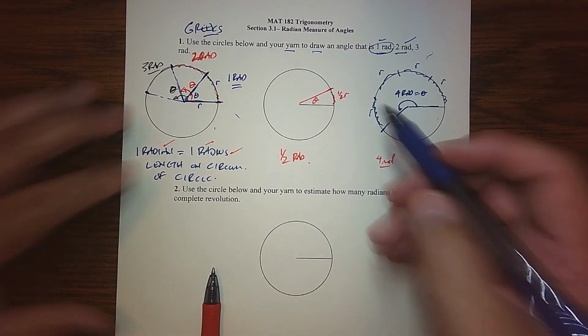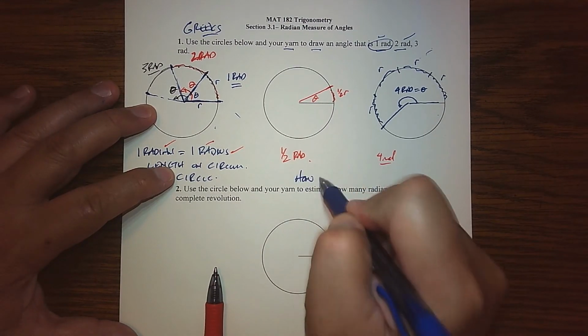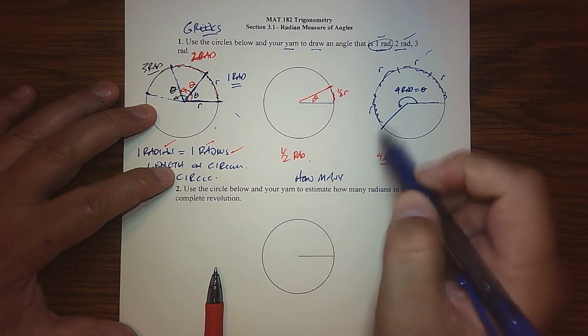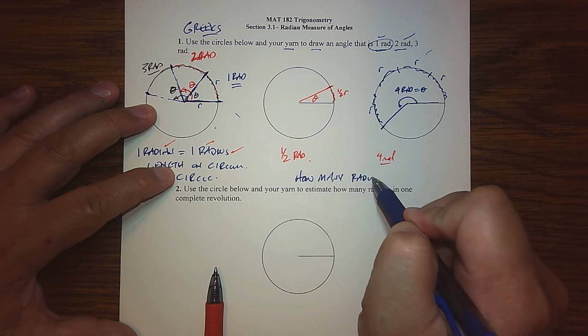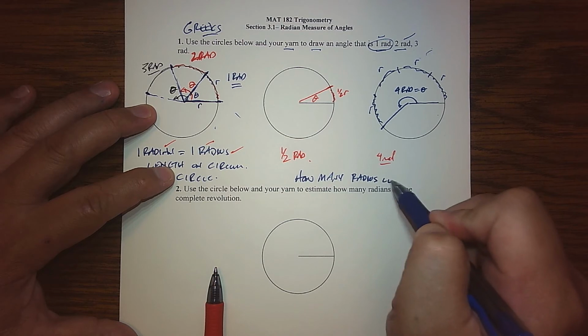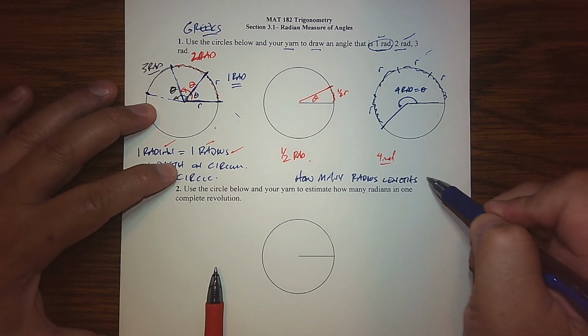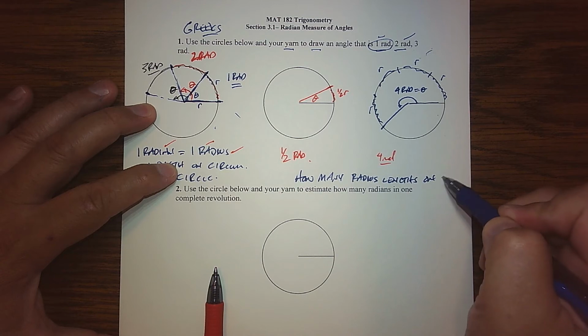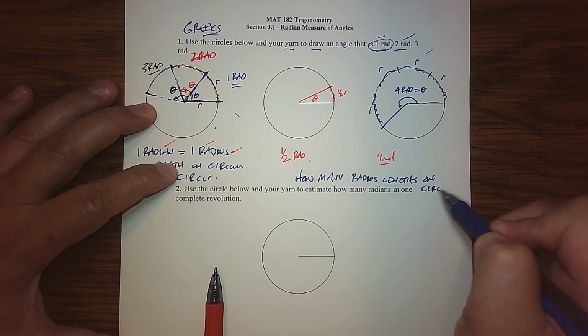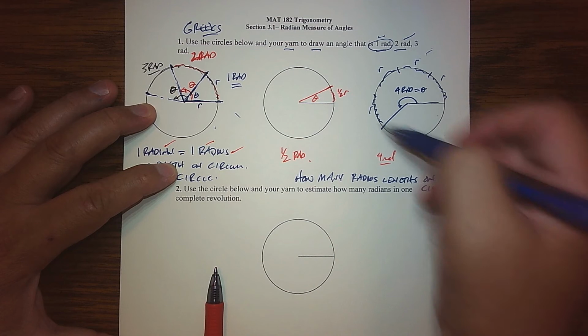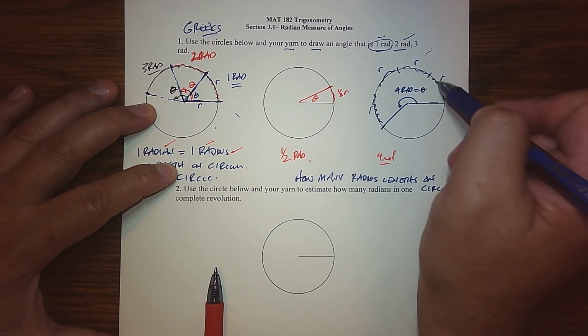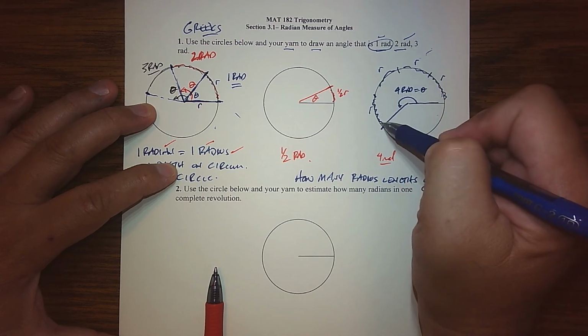It's basically a measurement of how many radius lengths are on the circumference, because the circumference is the whole way around. I measured 4 radius lengths along the circumference.